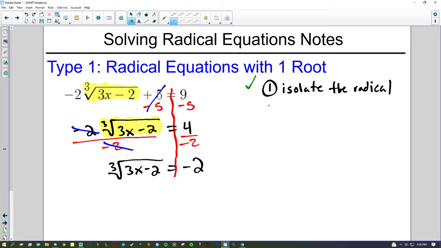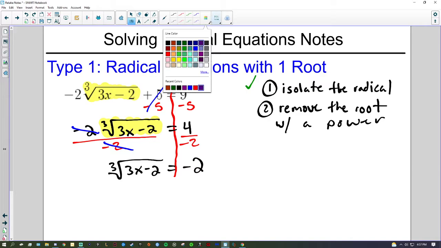We've isolated the radical, so what should we do next? Well, we need to remove the root with a power. Okay, so we need to get rid of our third root, and the only way to get rid of a root is using a power. So we need to figure out what power I can raise both sides of my equation by in order to get rid of this third root.